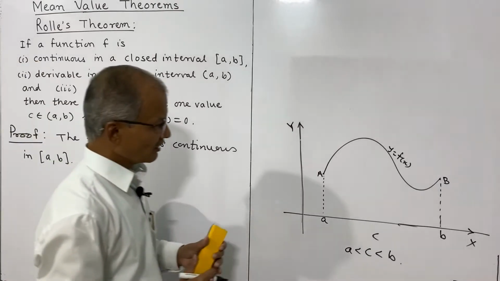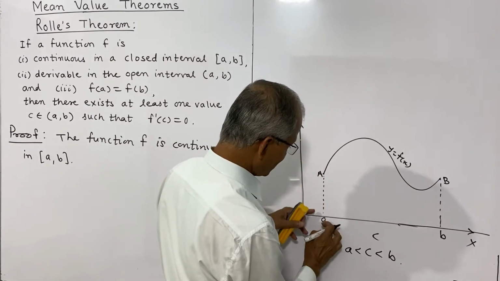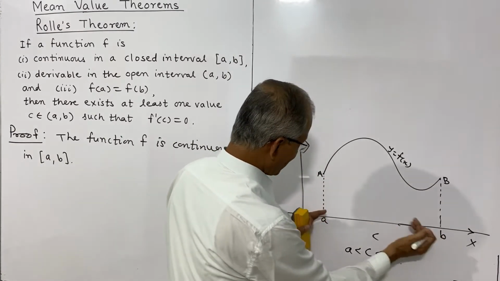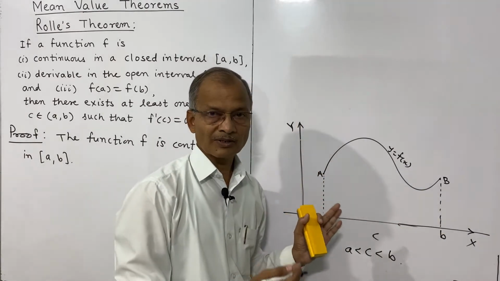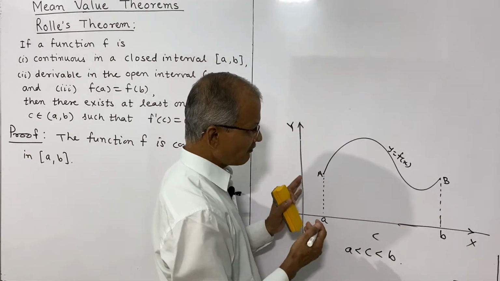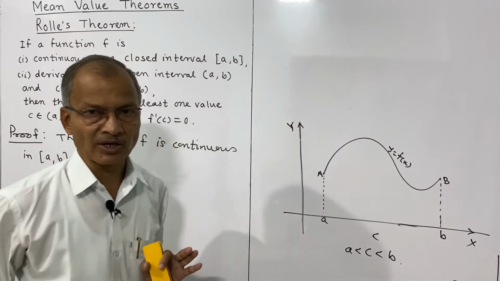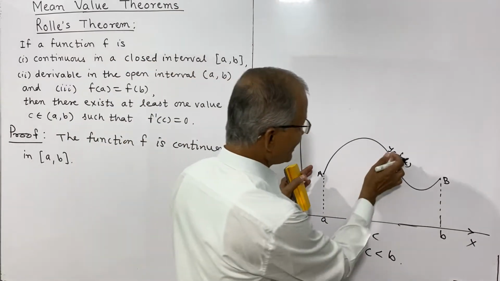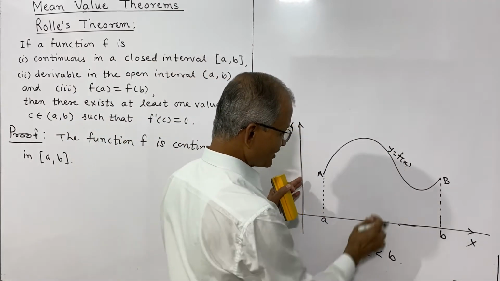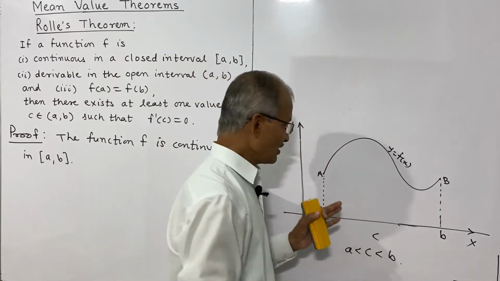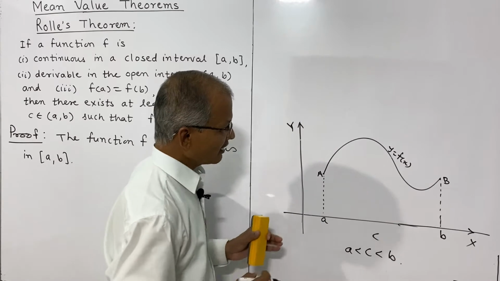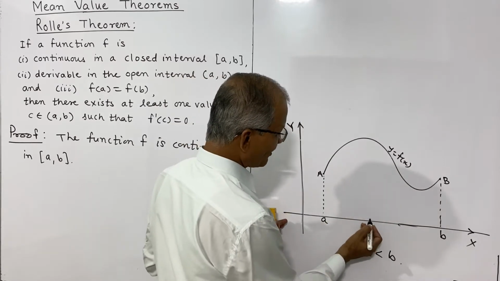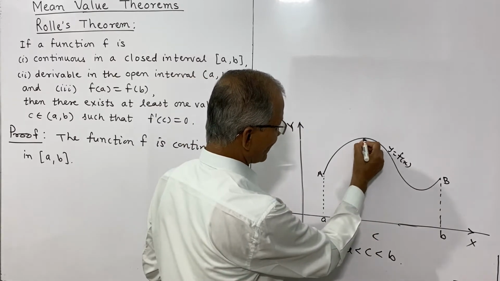Now you see the function is continuous in this interval a b, which means the function has the maximum value and minimum value at some points. So we can see if y is the value of the function, that means height is the value of the function. Here at a, this is the value of the function, and see where the height is maximum, the function is having maximum value.